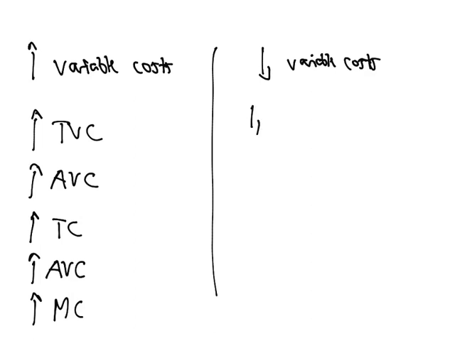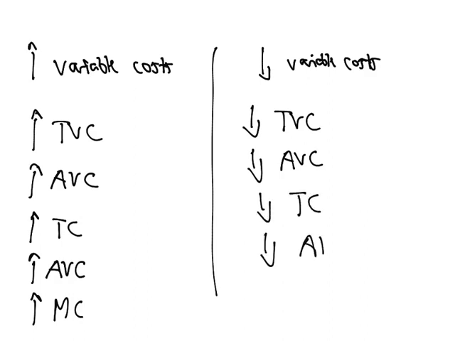And then we just switch them over here. Decrease in total variable, decrease in average variable, decrease in total cost, decrease in average total cost, decrease in marginal cost. So a change in fixed costs or variable cost will move both total and average total cost.